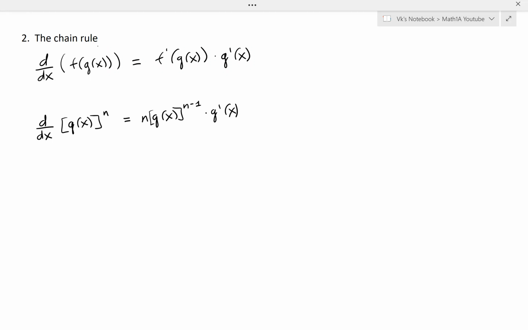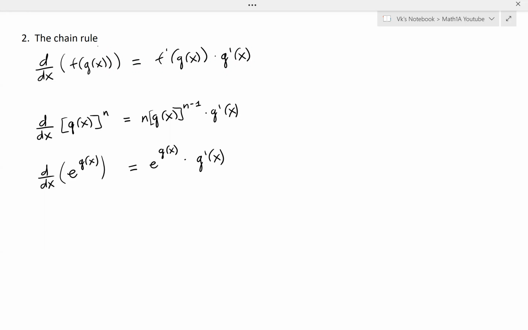In the second example, we have the derivative with respect to x of e to the g of x. This would be the derivative of the outer function e to the g of x multiplied by the derivative of the inner function g prime of x. Just two special cases of the chain rule.